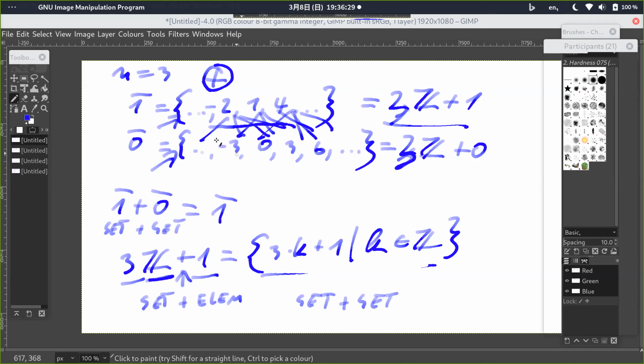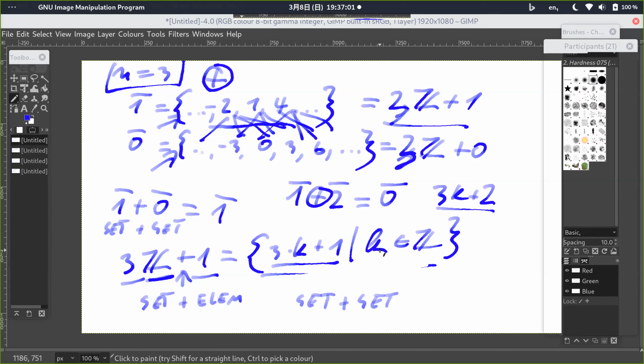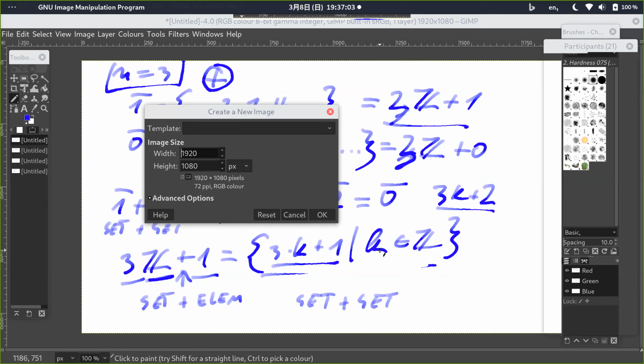So when you add everything to everything, for the small number n equals 3, there are not many cases. There is only one interesting case: 1 plus 2 is 3, or 0, or whatever you want. So 1 plus 2 is 0. And if you take any number which looks like this, which is 1, and any number which looks like this, which is 2, let me just write this down on a nice new sheet of paper.